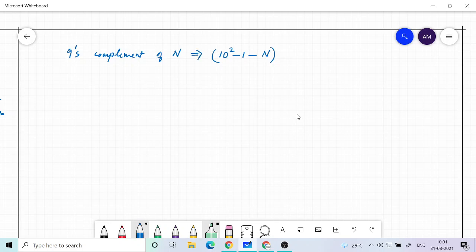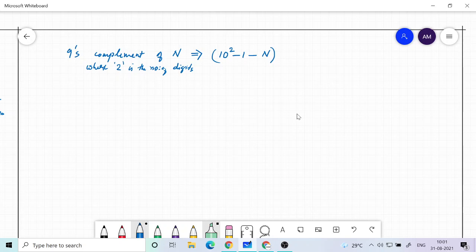If you are thinking about 3 digits, you can write the same, where 2 is the number of digits. Okay, so here we assume that the number n is somewhere between 0 to 49.